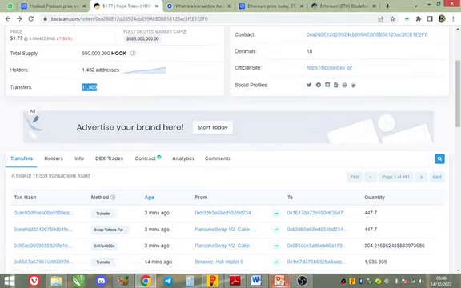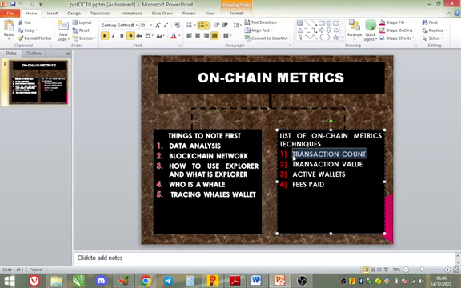So we want to know about the transaction count. The major reason is so that you know if the token you want to buy in the market has activities going on.